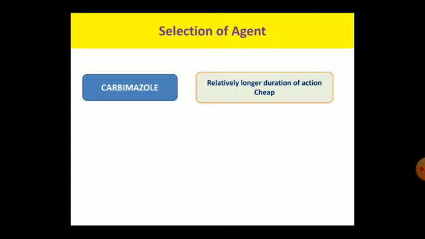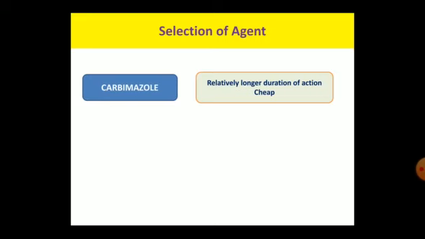Carbimazole acts by enzymatic inhibition and inhibits thyroid hormone synthesis. It also inhibits the coupling. But the differentiating feature from propylthiouracil is that it has a relatively longer duration of action.